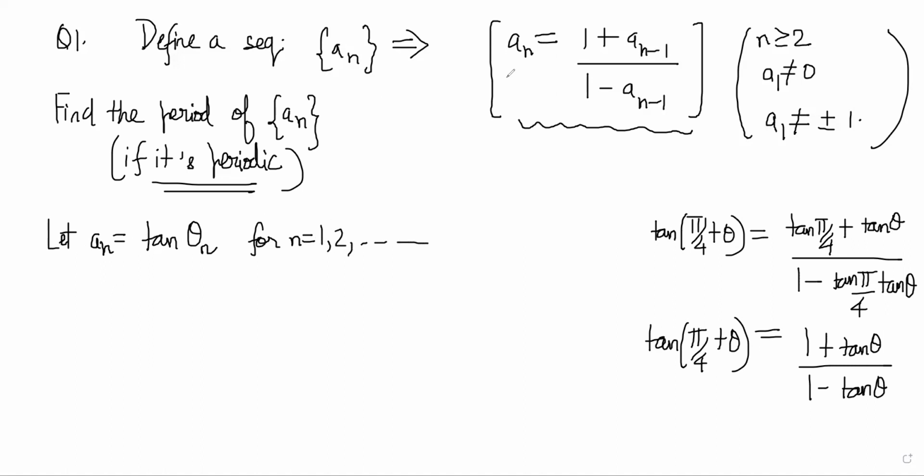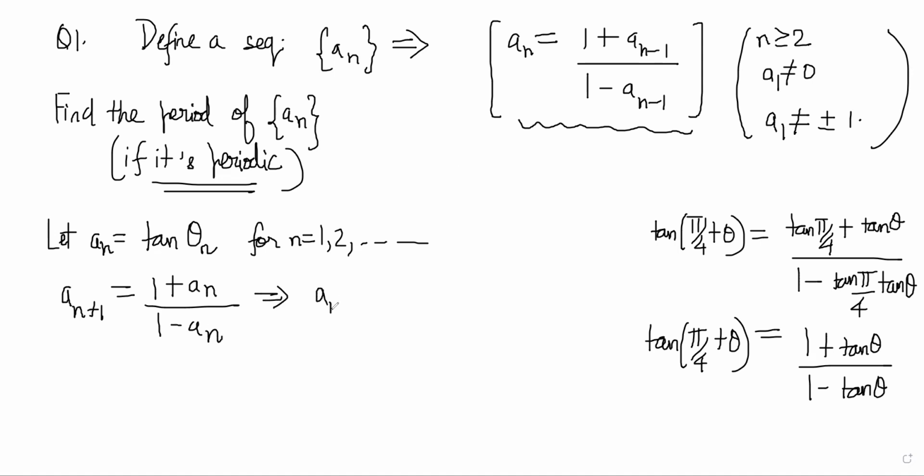So from the sequence, what we can say is instead of a_n, we can replace it with a_{n+1}, that is equal to (1 plus a_n) by (1 minus a_n). And now we put the substitution.